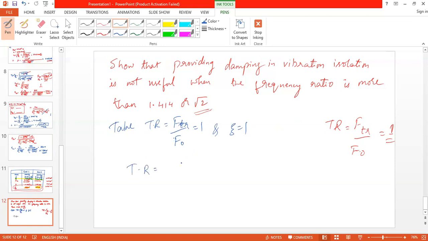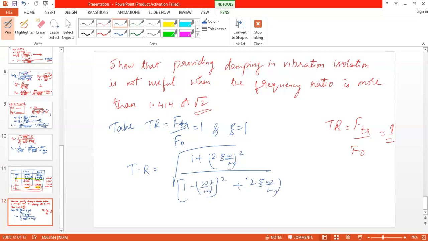So this transmissibility ratio is equal to the square root of (1 plus (2 zeta omega by omega n) whole square) divided by ((1 minus (omega by omega n) whole square) plus (2 zeta omega by omega n) whole square). Now here you take this transmissibility ratio as 1.